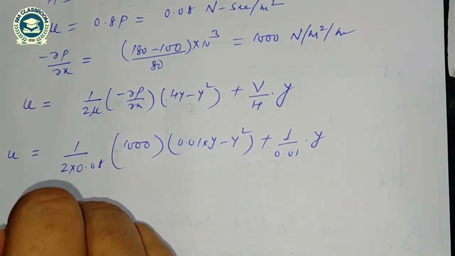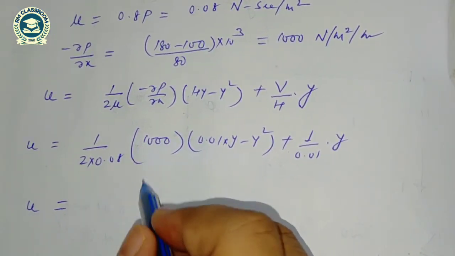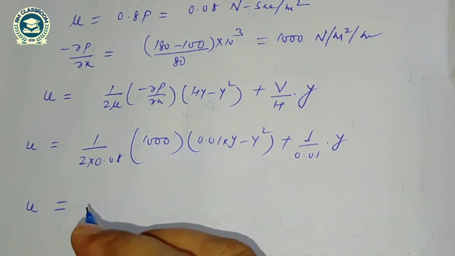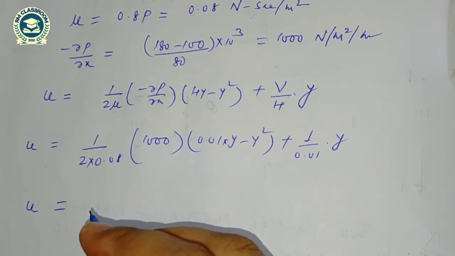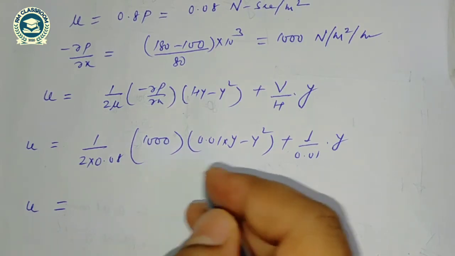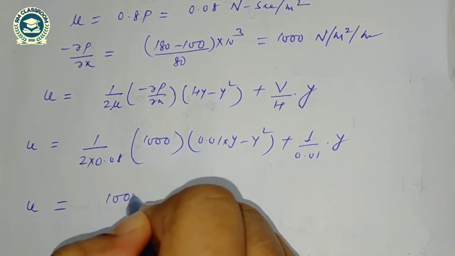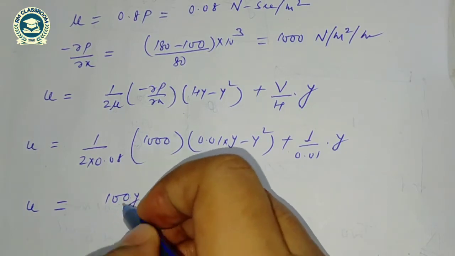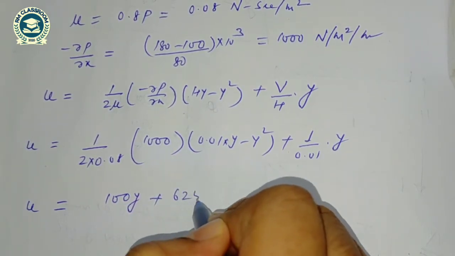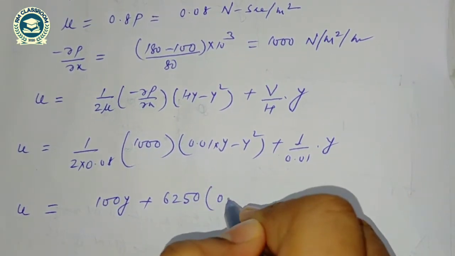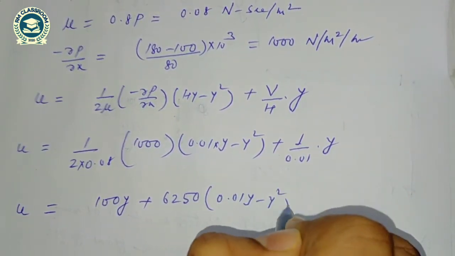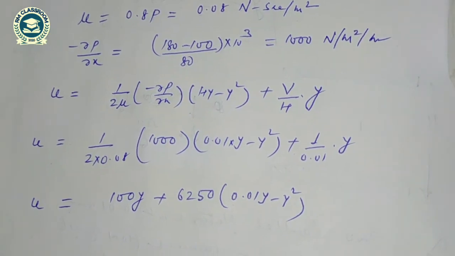So expression of velocity can be written as, if I solve this, this value is 100y plus 6250 into 0.01y minus y square.